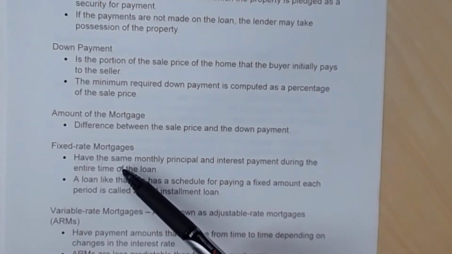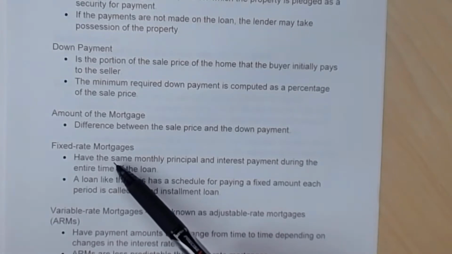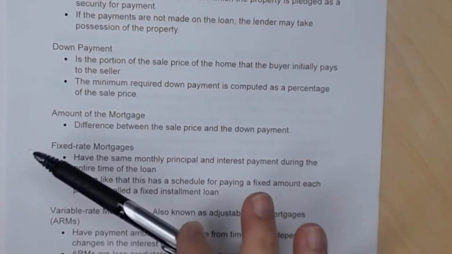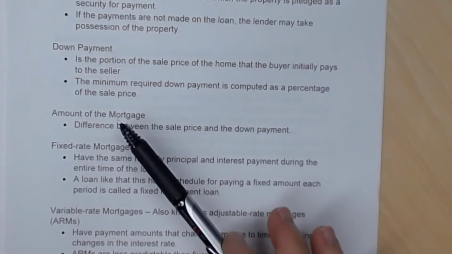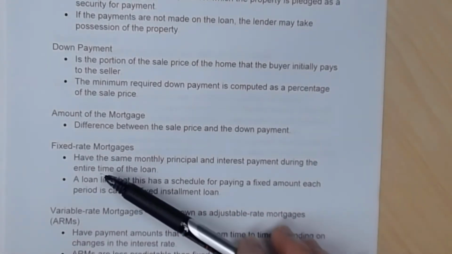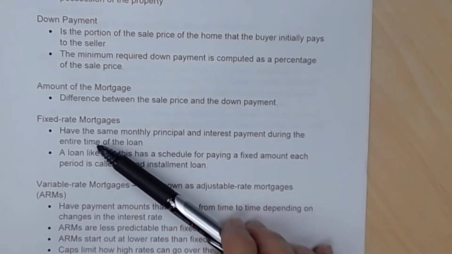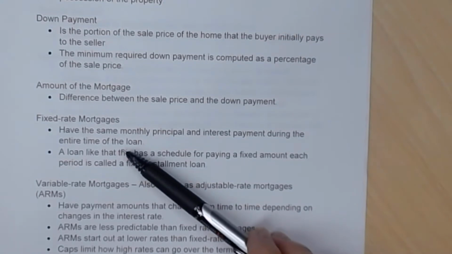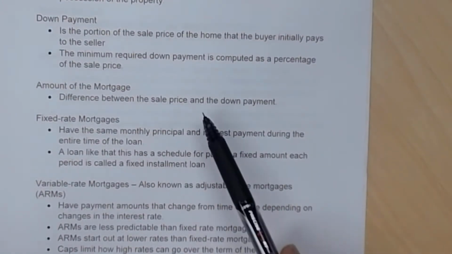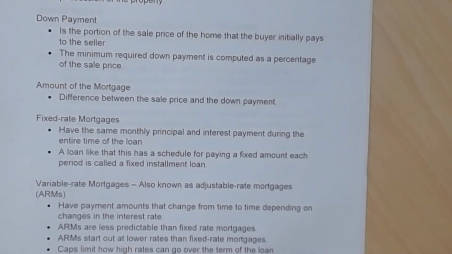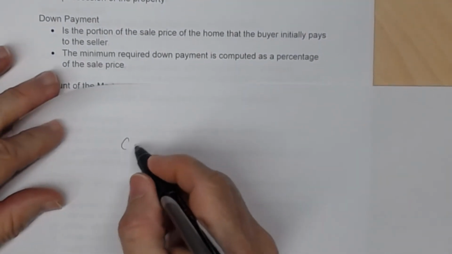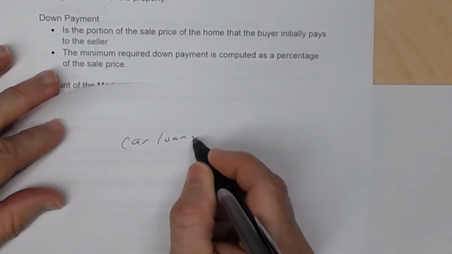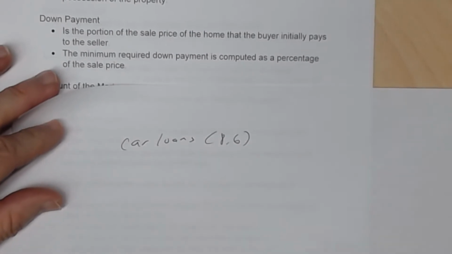Now most buyers will get a fixed rate mortgage, and almost all our examples in this lesson will deal with fixed rate mortgages. A fixed rate mortgage will have the same monthly principal and interest payment during the entire time of the loan. Remember in the last section, section 8.6, when you dealt with car loans? That's the same idea.